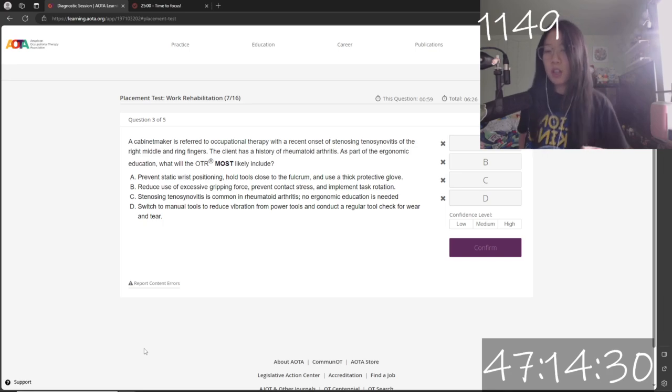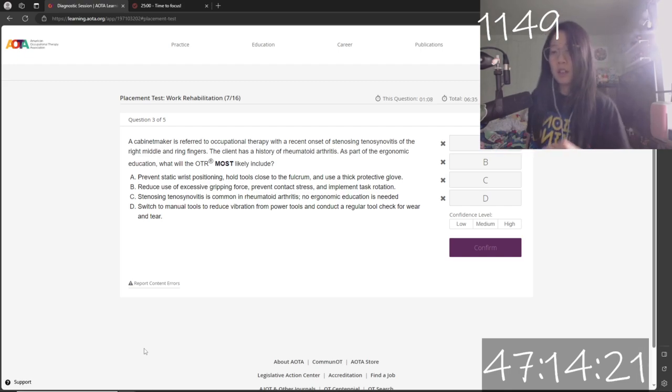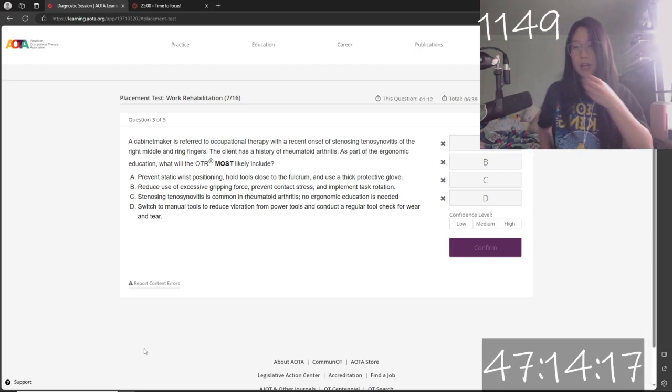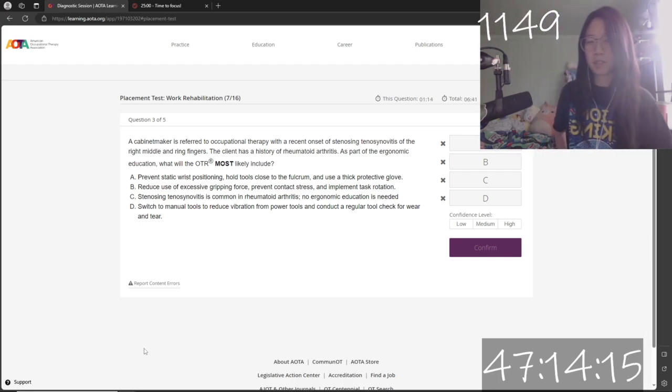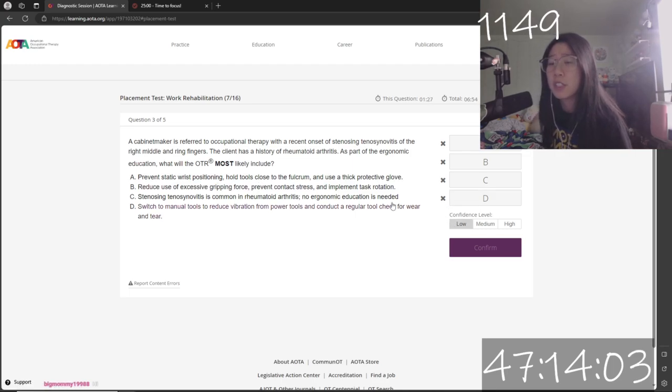Reduce use of excessive gripping force, prevent contact stress, and implement task rotation. Reduce use of excessive gripping force. I think it's B. Prevent contact stress and implement... Dang, I don't know. My confidence for this is low.